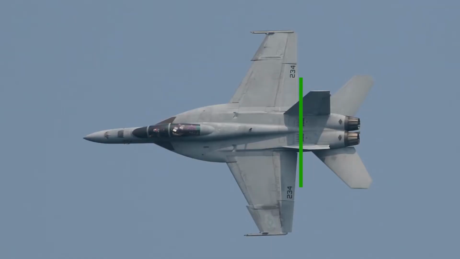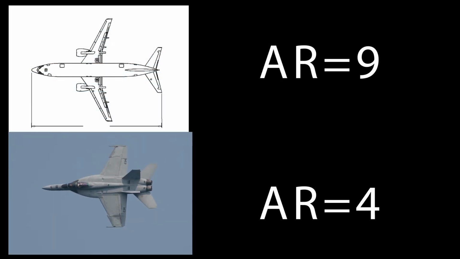As a result, if you look at a military fighter jet, like this picture of the F-18 I have here, you'll see that it has short stubby wings that are rather tall. In other words, a very low aspect ratio. A low aspect ratio allows greater maneuverability and allows them to do the turns and the crazy wiggles that they like to do. However, the lower aspect ratio means that it's less efficient and produces more drag.